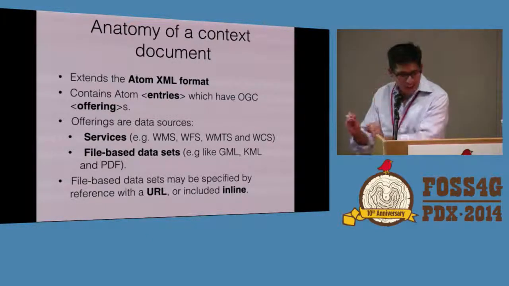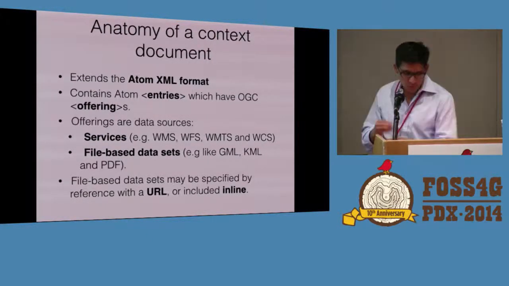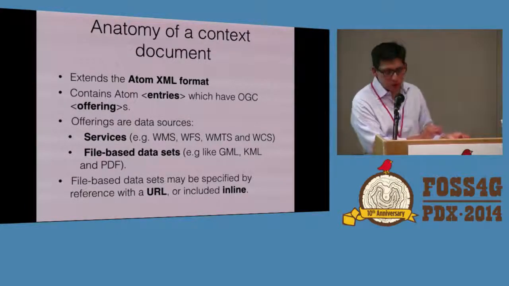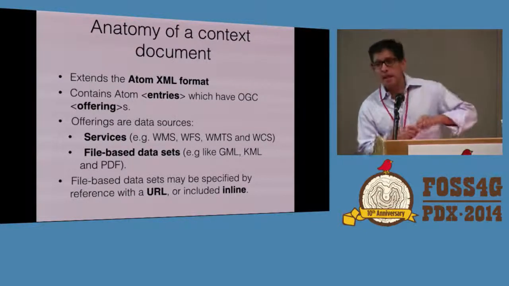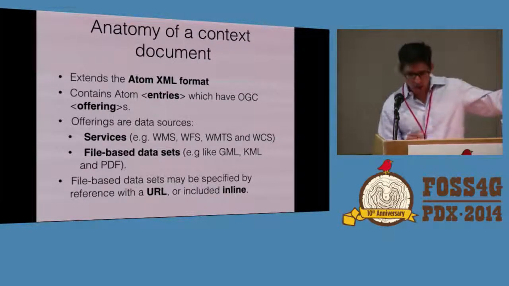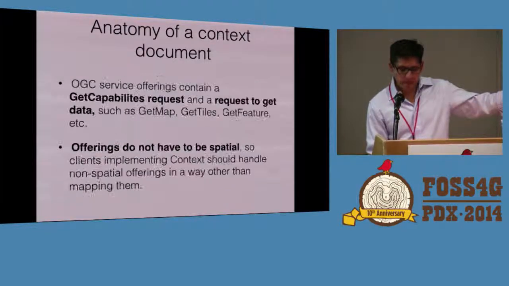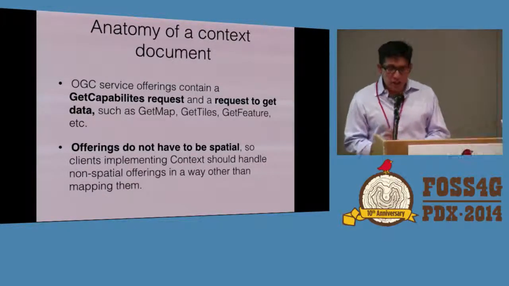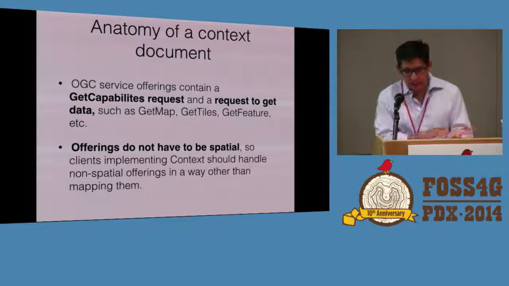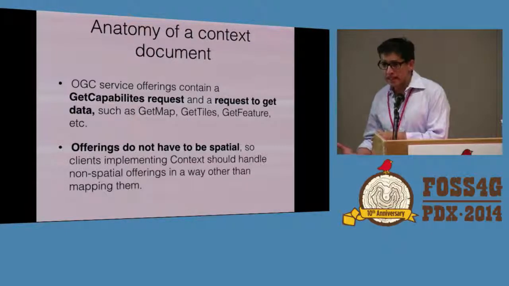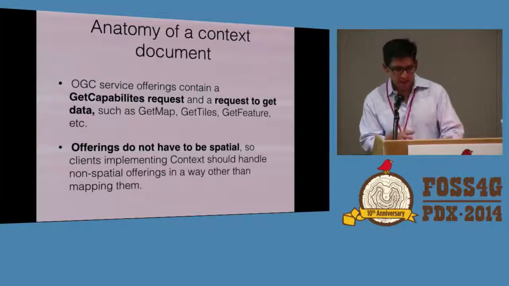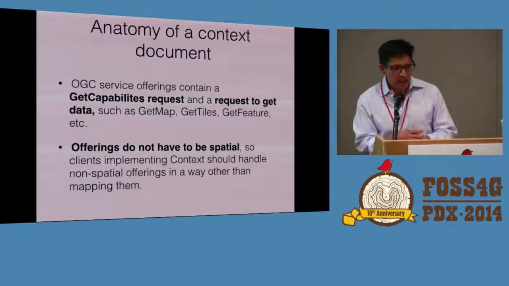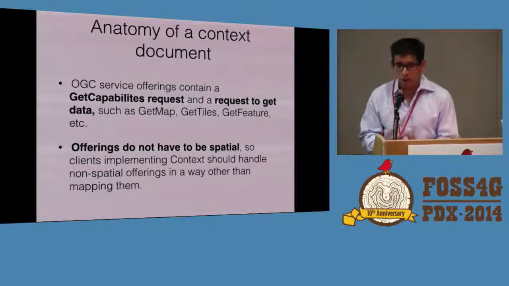It contains these entries that are offerings, OGC services, but all these offerings can also be files, and these files can be referenced via URL or can be inline. The OGC service offerings contain two things, the GetCapabilities and also the request to the data, right? So if it is a Sensor Observation Service, it will say GetObservation, or if it is WFS, GetFeature, and offerings don't have to be special. So we did not put any constraint on that.